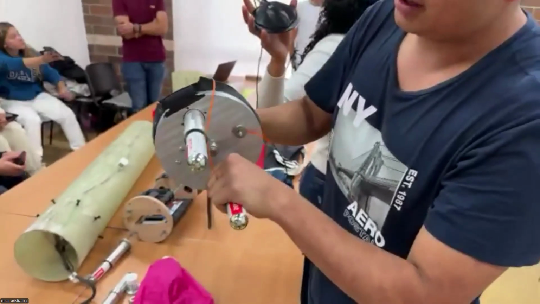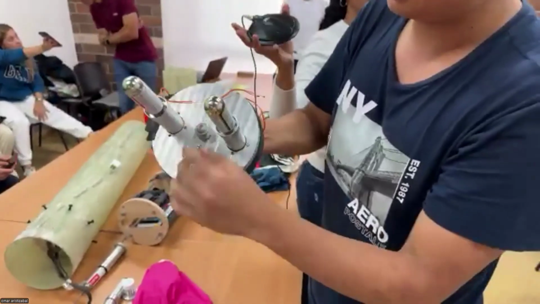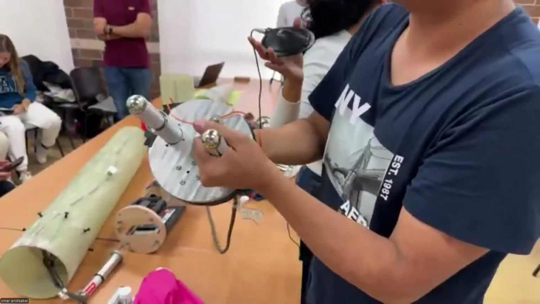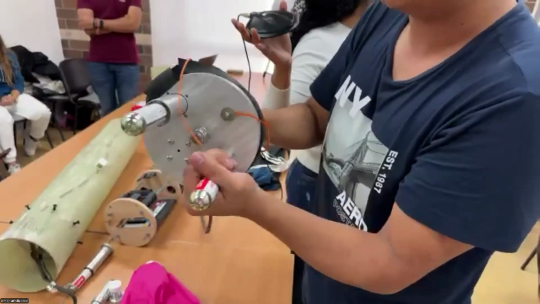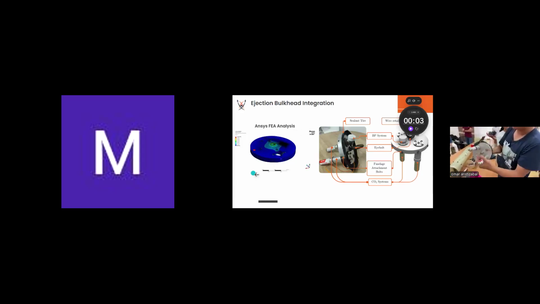We also took into account references about how to joint this type of eyebolt, to have a secure joint and all the strength that these eyebolts offer us. The presentation we are sharing on the screen shows a little bit of the finite element analysis that was done. Maybe you want to explain further.